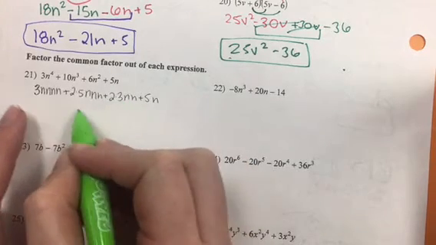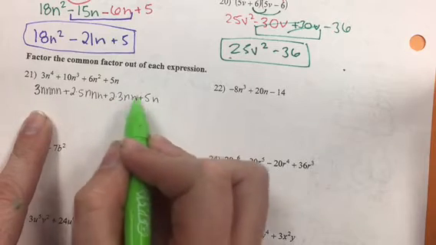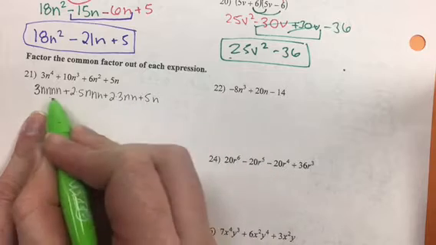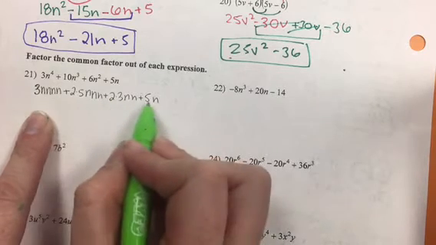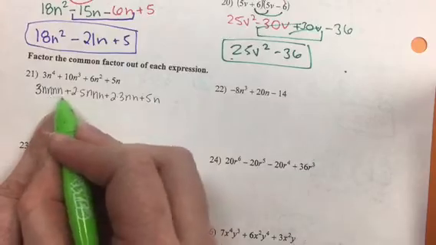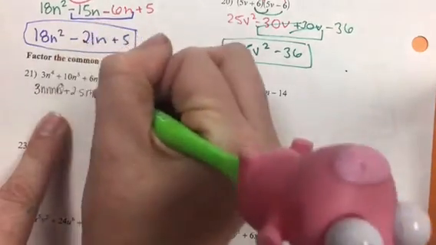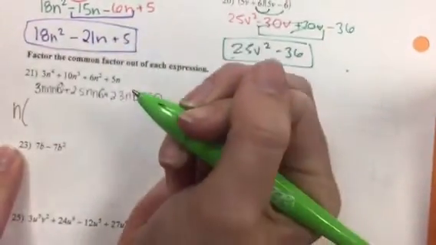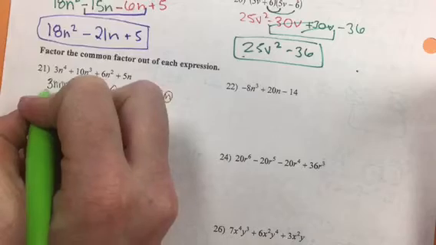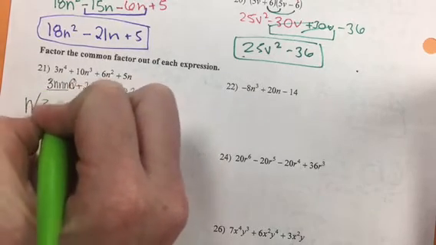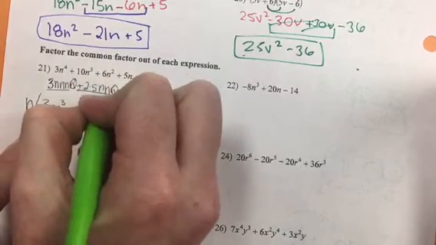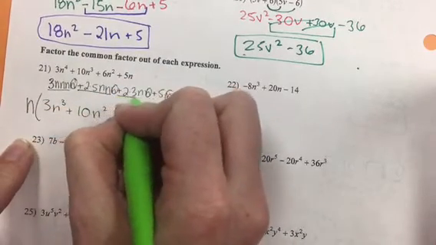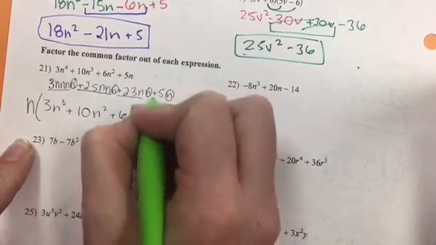I still cannot take it out because every single term separated by that plus sign has to have that number. So not all of them have a 3, but they all have one n that I can take out. So if I take out an n, all that's left is 3n to the third plus 10n squared plus 6n plus 5.